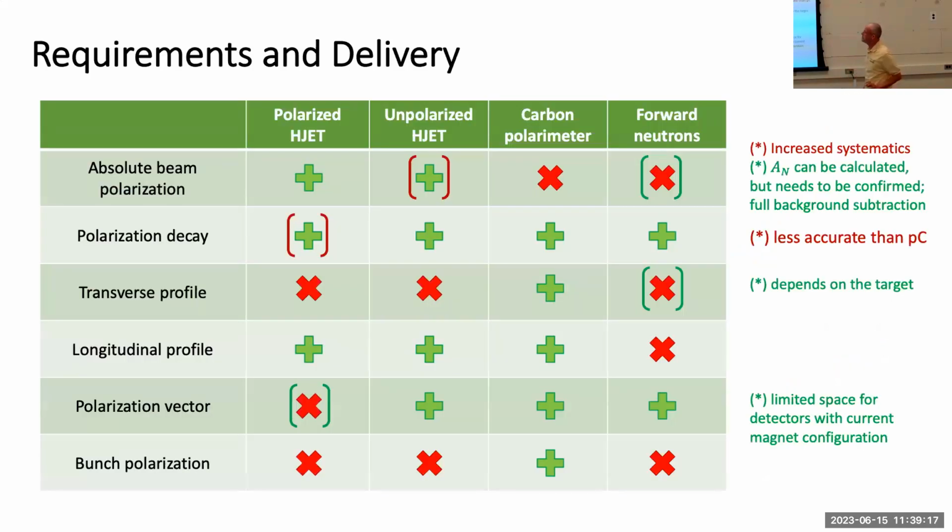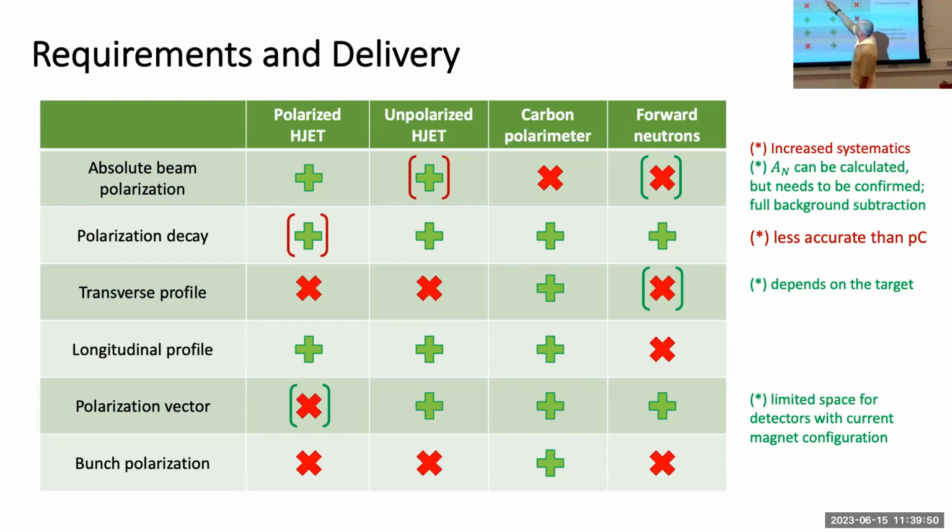Okay, to summarize this, here's a table. You can look at this offline and think about it some more. It just summarizes what I've been trying to repeat too many times at this point. So we have the different requirements, we have the different potential setups. What we're mostly thinking about is this polarized hydrogen jet target in combination with a carbon or some other fiber target polarimeter, and how it addresses the different questions.